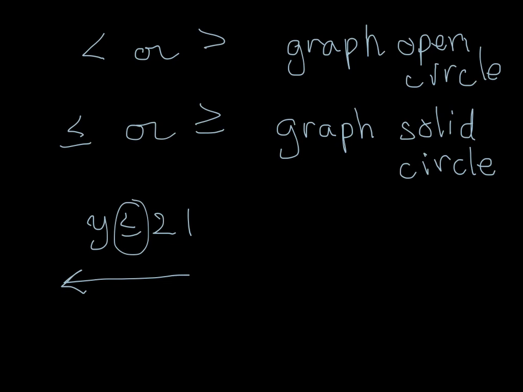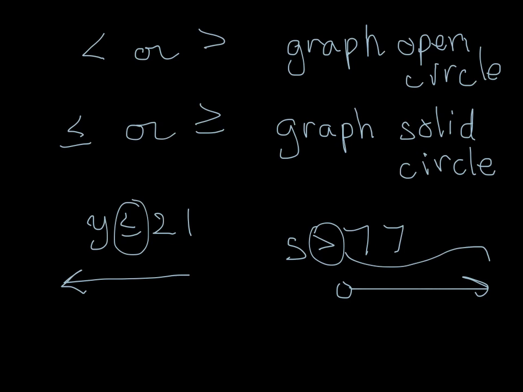And the other one, s was greater than 77. That also, open circle, and it went in the same direction as the inequality symbol. So if your variable is on the left-hand side, then your arrow that you graph should be going in the same direction as the inequality symbol.